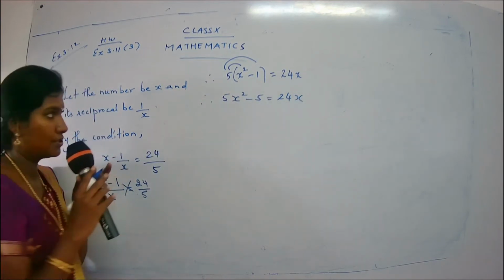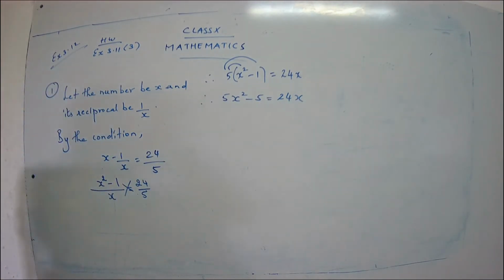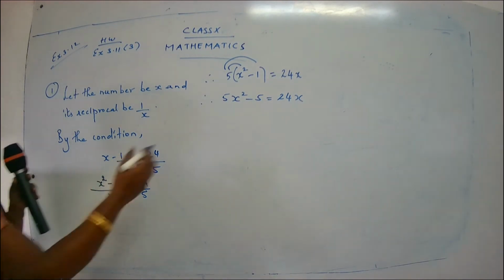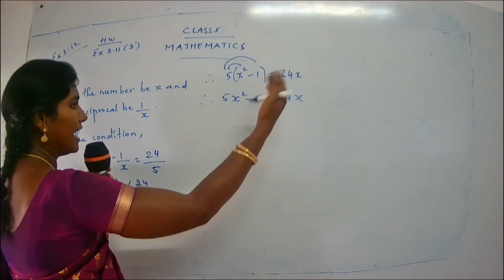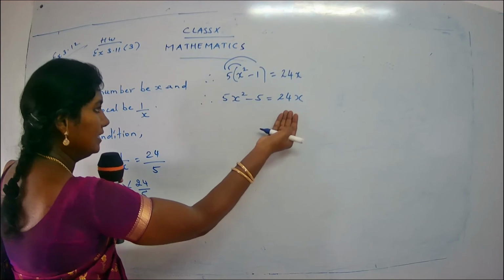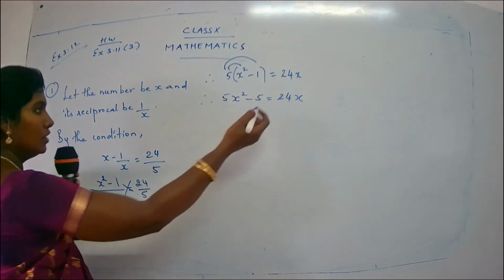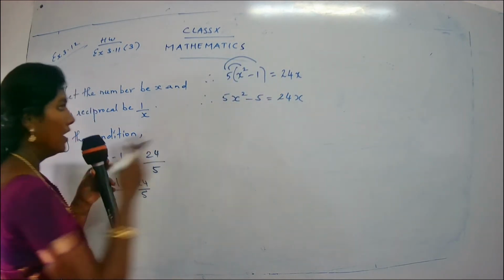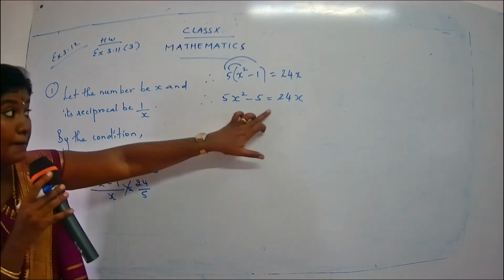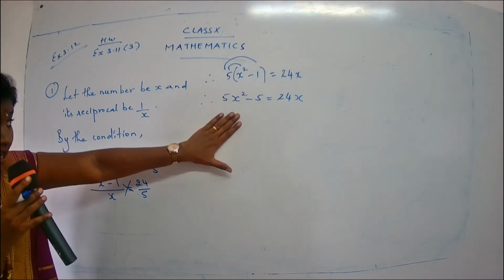Done. Okay, so now what are we going to do? We are going to bring all the terms on one side and we are going to make RHS as 0. So let's do the change. See, so we have 24x on the RHS part. So we are going to bring this to the LHS part. So this is plus 24x. When plus 24x comes to the LHS, what do you get?